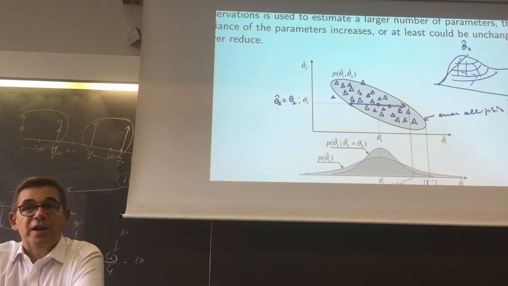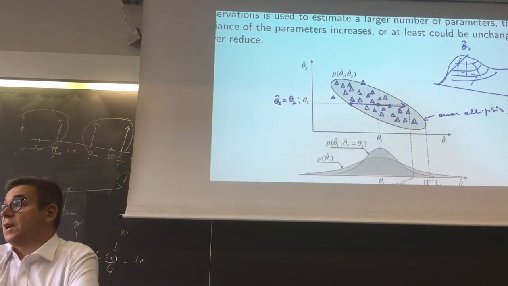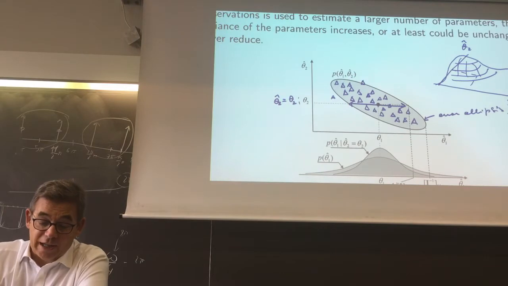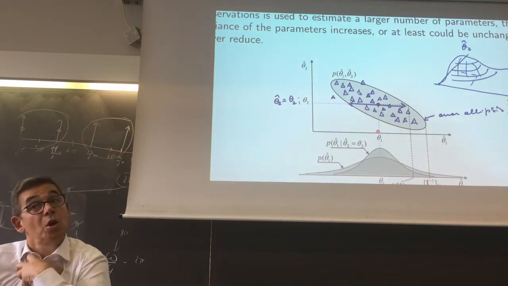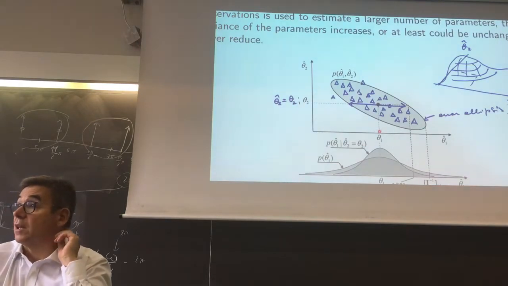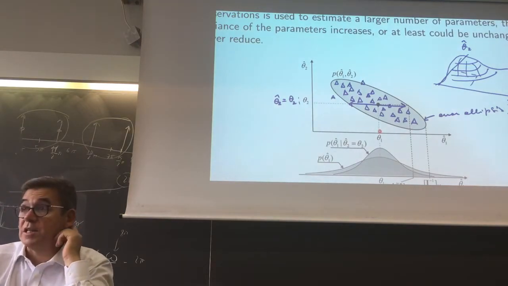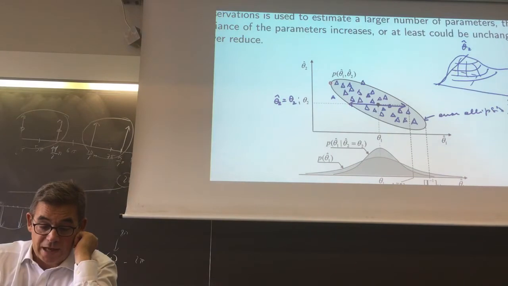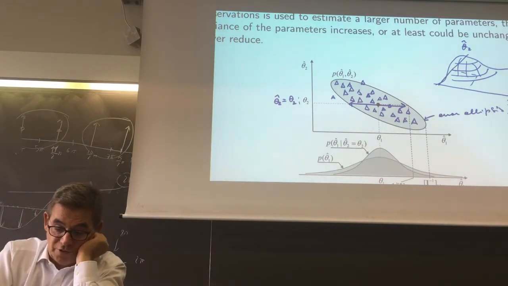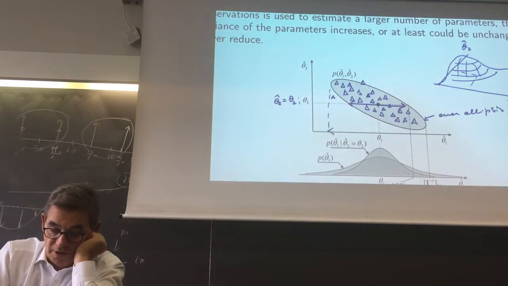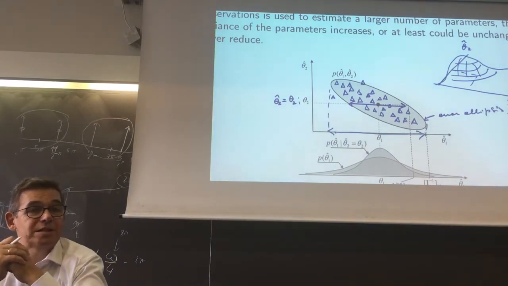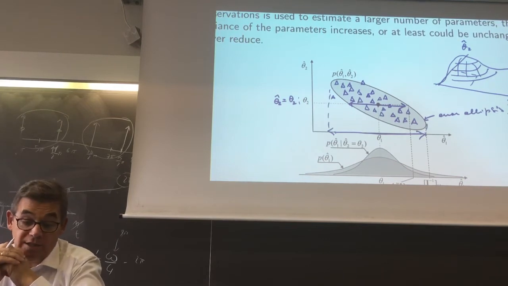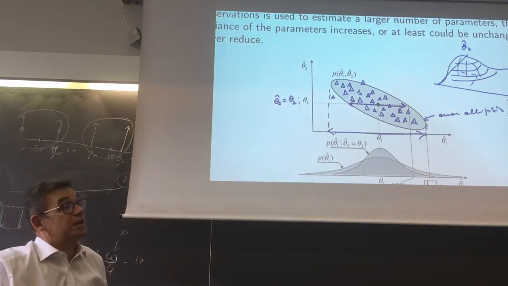But what's happened if I estimate θ1 and θ2 then? Well, if I look from the θ1 perspective, so I want to see what is the accuracy in θ1, then my accuracy goes from here to here. And so my degree of dispersion of the estimated parameter θ1 is going between that bigger interval.